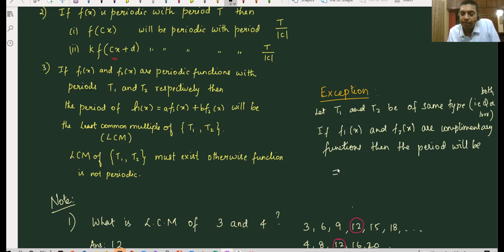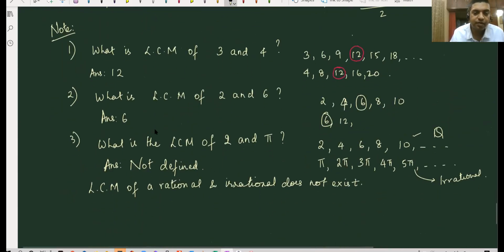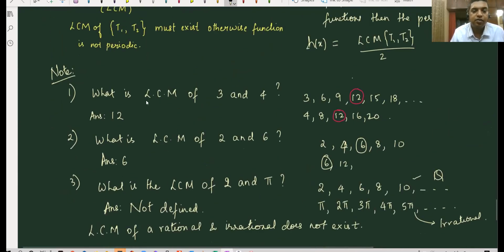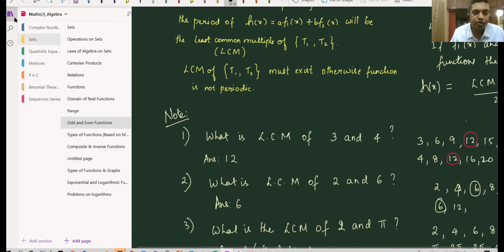The period of h of x will be LCM of T1 and T2 by 2. We will do examples of this. All right, these are some important points I wanted to make.